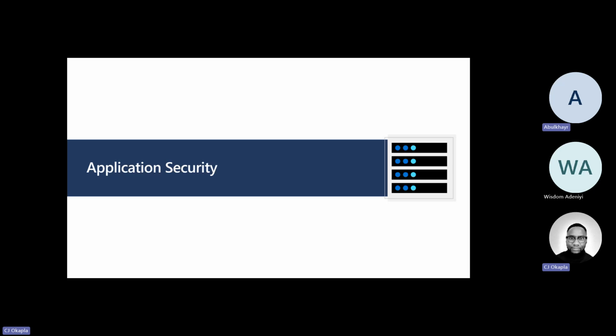Next, we'll look at application security. Basically, how do you protect an application? An application could be a web app, or a SaaS solution like Office 365, Jira or SharePoint. How do you secure it?